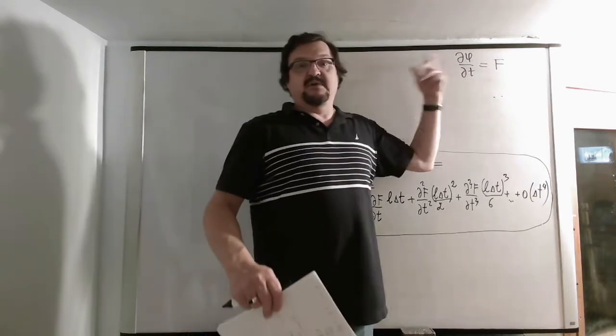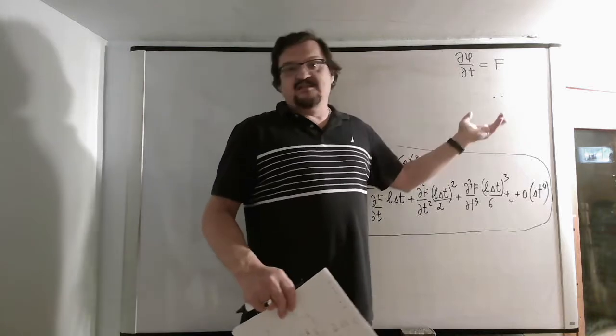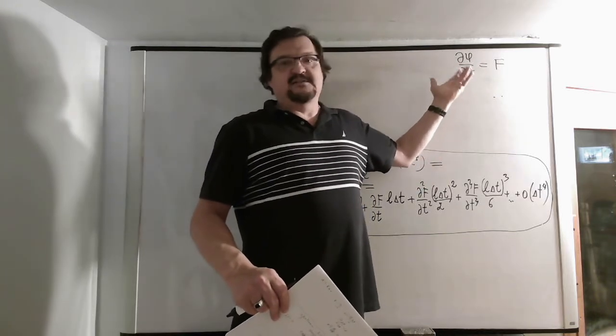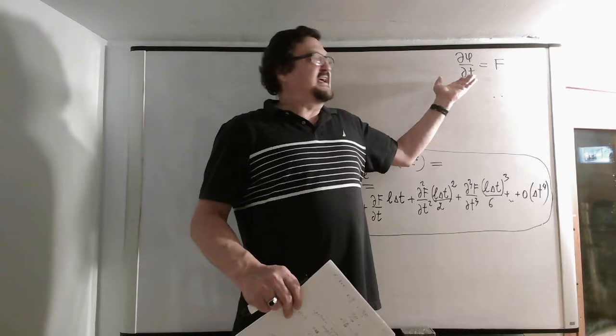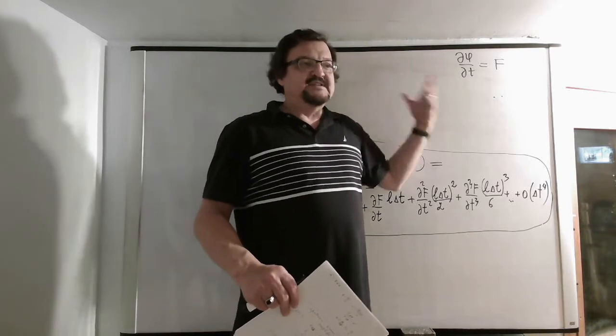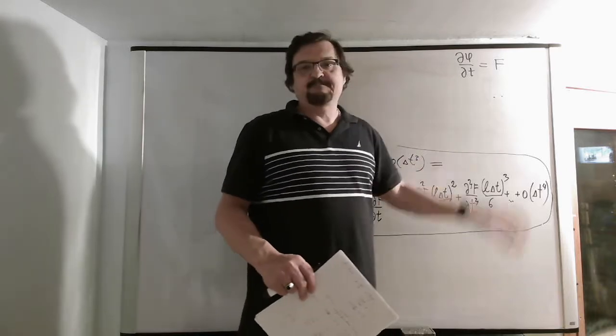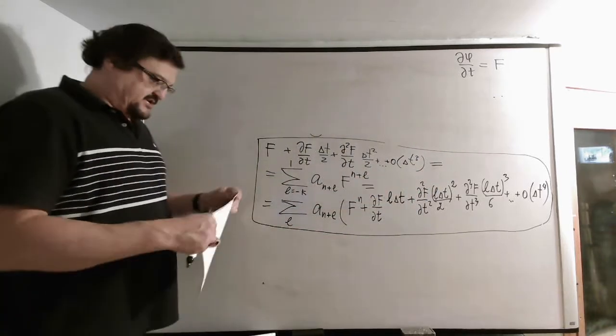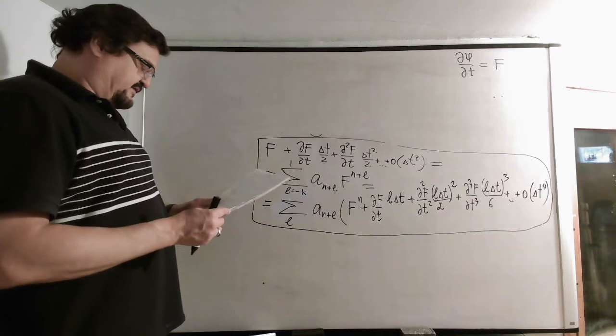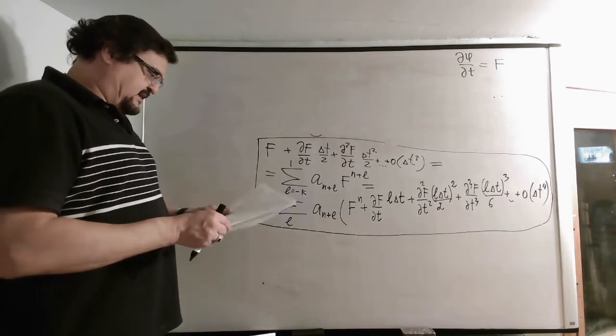The right hand side can be advection, diffusion, other processes, and the left hand side is some tendency of velocities, of momentum, of temperature, of water vapor, whatever. So this is the general form of a prognostic equation.